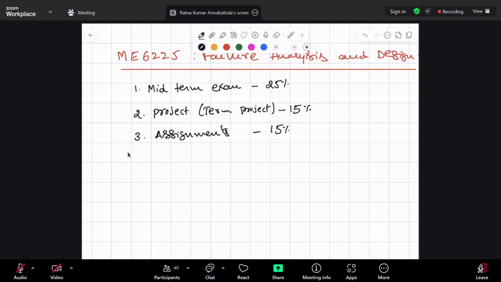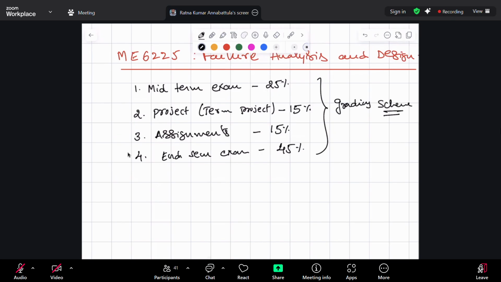Assignments 15%. And the final exam, the end semester exam, is the balance. What is it? 30 plus 25, 55. So end semester is 45%. So this is going to be the grading scheme for this course.